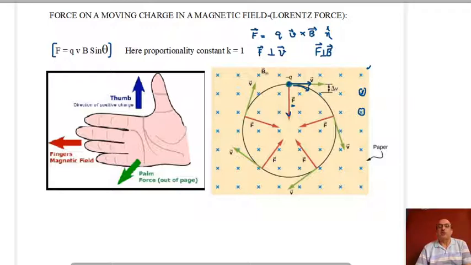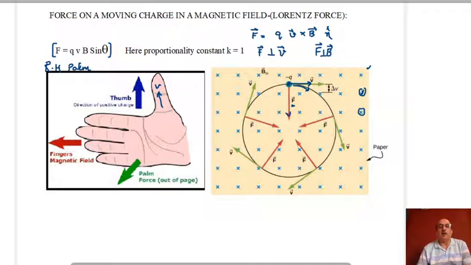The direction of force may also be represented by the right hand palm rule. Here is the right hand palm. The thumb represents the direction of motion of the charge, here shown by the blue arrow. So this is the motion of the charge, that is the velocity direction.